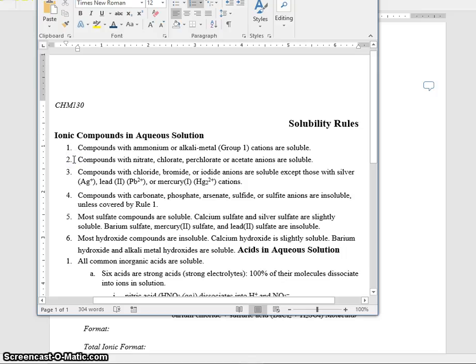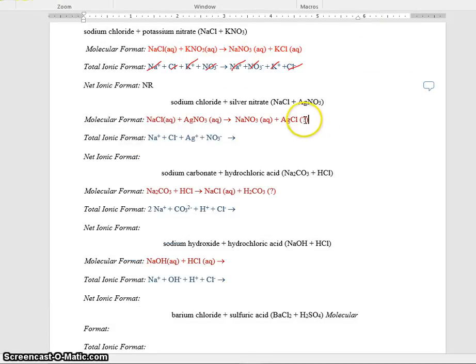It's not a compound with nitrate, chlorate, perchlorate, or acetate. Okay, here we go. Number 3, it says compounds with chloride, bromide, or iodide anions are soluble, except those with silver. Okay, so that means that our silver chloride forms a solid. It's no longer swimming around in solution. It is a solid, and so we put an S there.